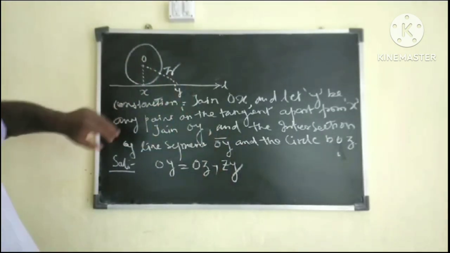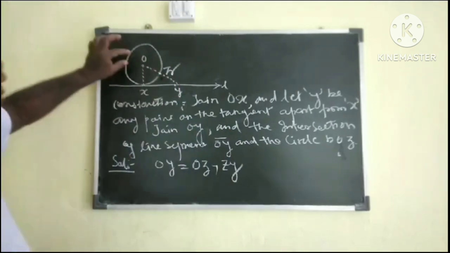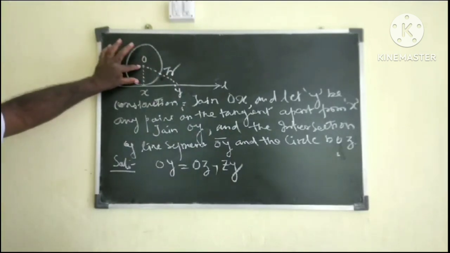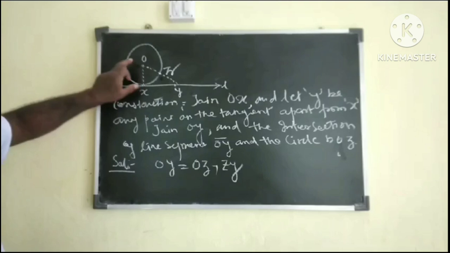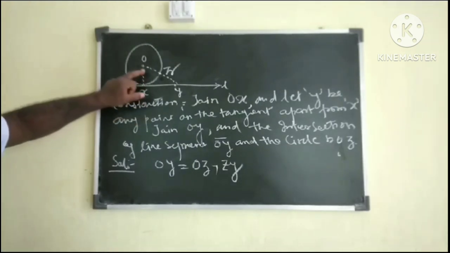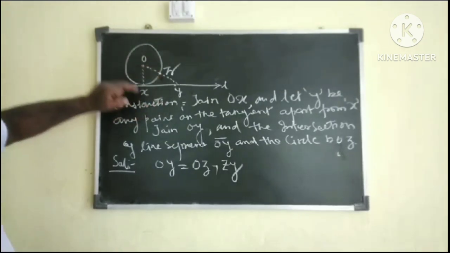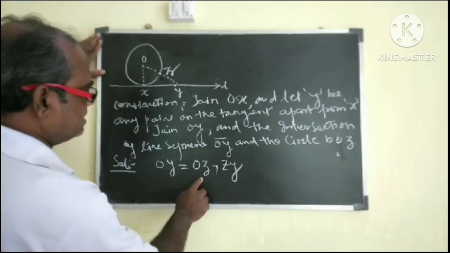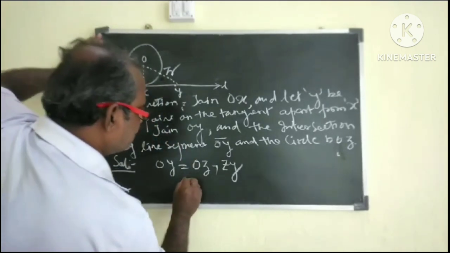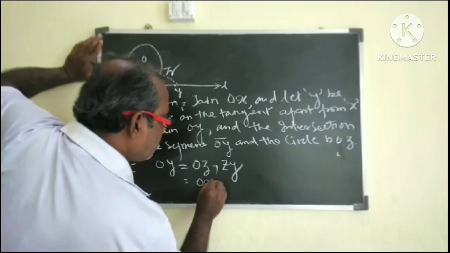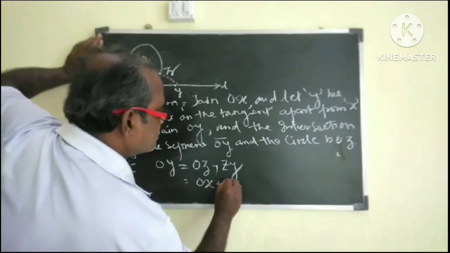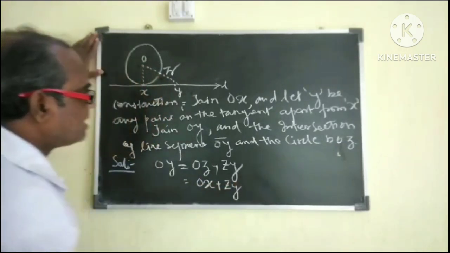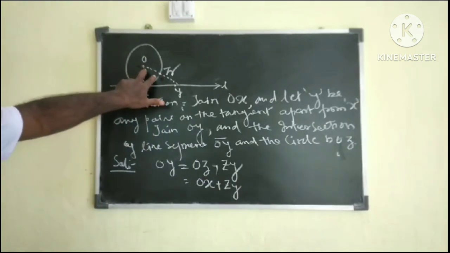Again, OZ and OX are the same, because OZ is the radius of the circle, and OX is also the radius of the circle. So instead of OZ, we can write OX. So OY is equal to OX plus ZY. Let me repeat again, since OZ is the radius.